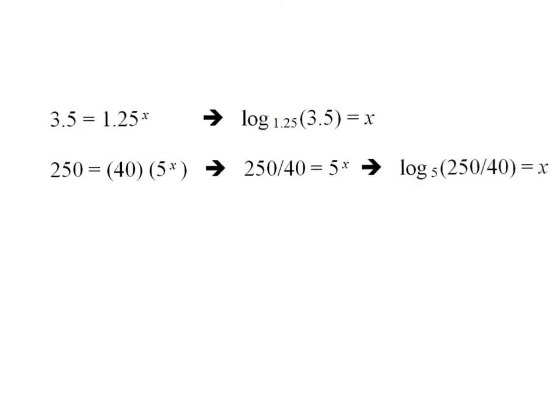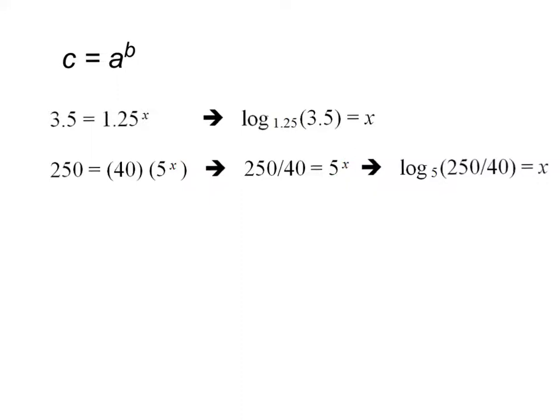After some thought, we see that the top equation is in the proper form, but we must divide both sides of the bottom equation by 40 before it is in the form c equals a to the b power. For that bottom equation, c is 250 divided by 40, and a is 5, and b is x.